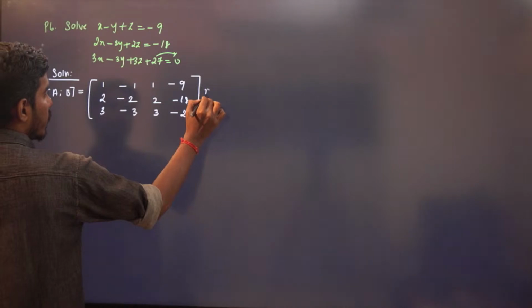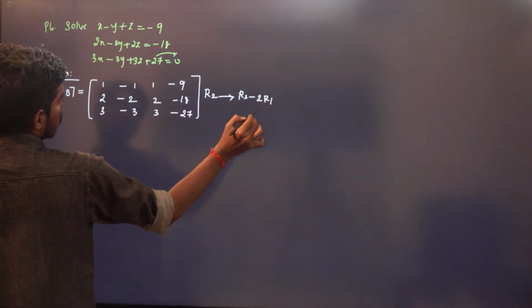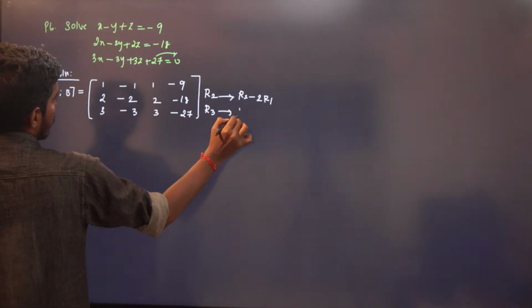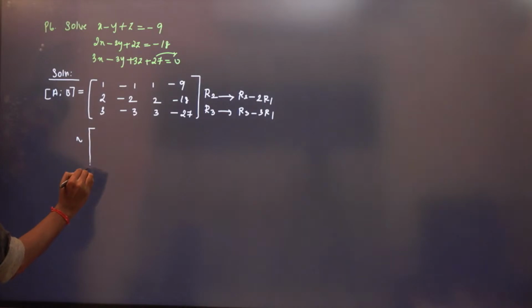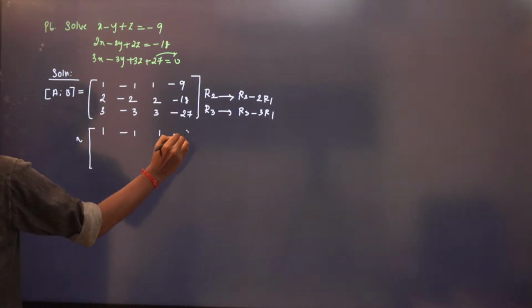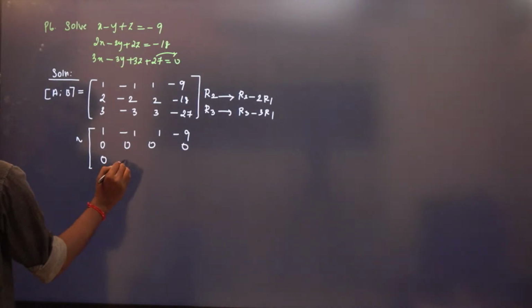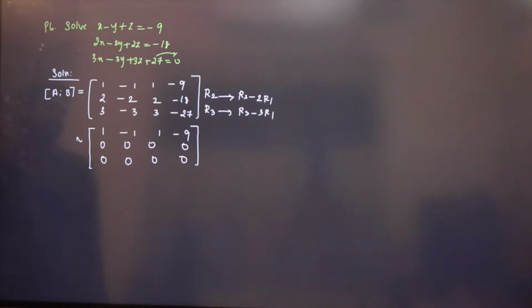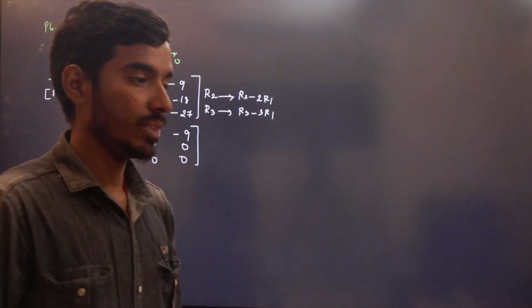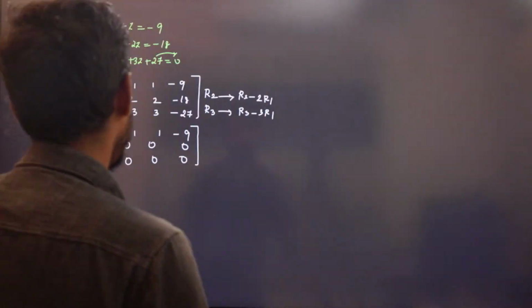So we will make an operation: R2 is transformed to R2 minus 2 R1, R3 is R3 minus 3 times R1. So this is transformed to 1, minus 1, 1, minus 9, and the rows 0, 0, 0, 0 and 0, 0, 0, 0. Yes or no? So you can see by the single transformation, R2 and R3 turn out to be 0.